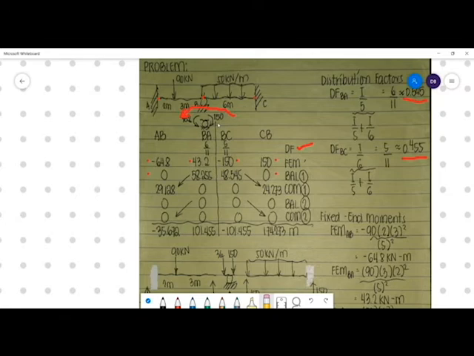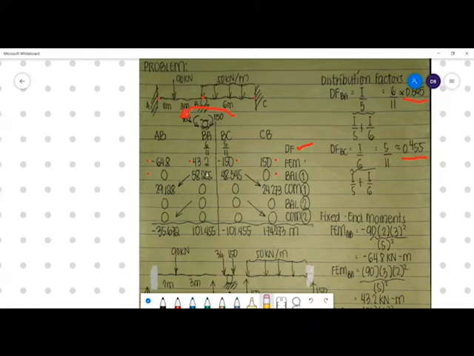But of course, what will balance is a counterclockwise moment, which when we distribute it to the other side is the opposite. So we have 150 minus 43.2. We have 106.8. When we distribute the 106.8 kilonewton meter to BA, we just multiply it by 6 over 11.